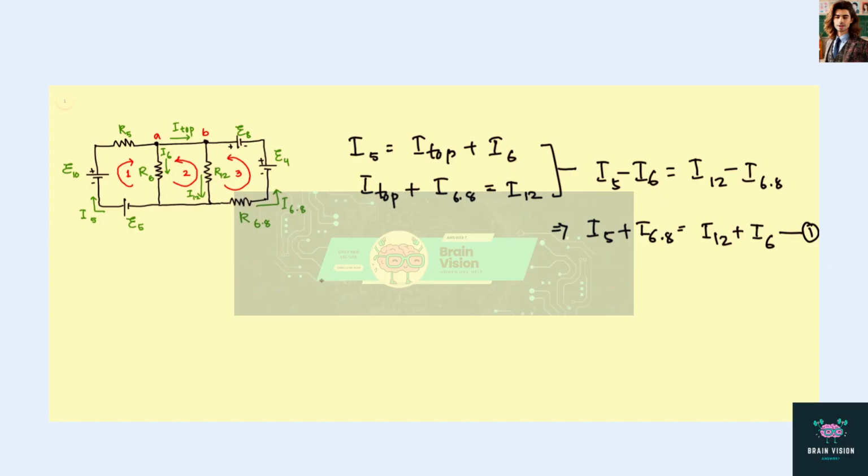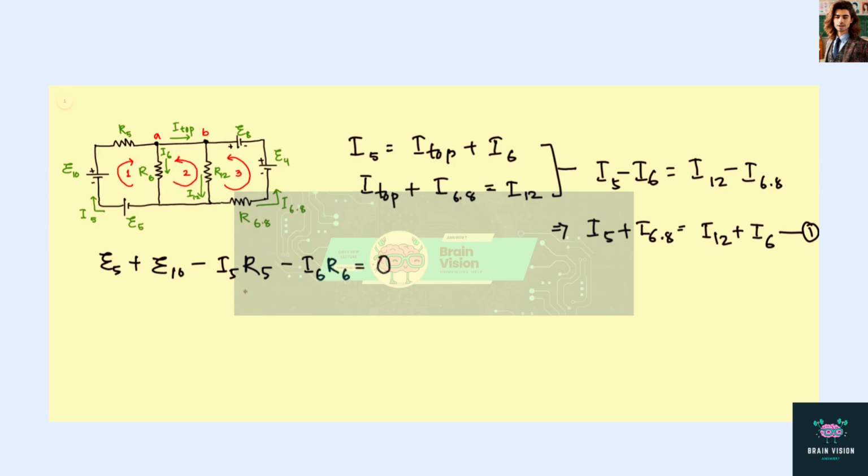So now we apply the loop rule. This is for loop 1. Remember, if you are going from positive to negative inside a battery, there should be a negative sign before that, and if you're going negative to positive in a battery, there should be a positive sign before the EMF.